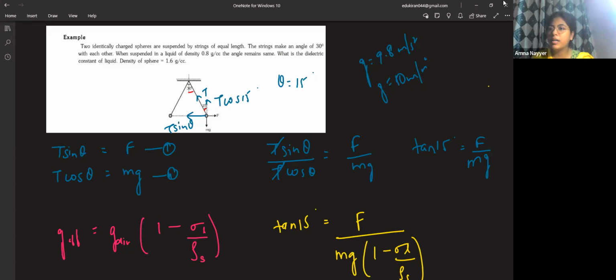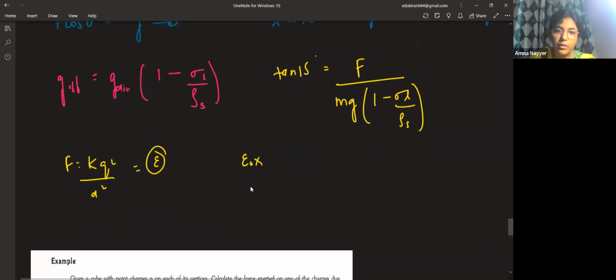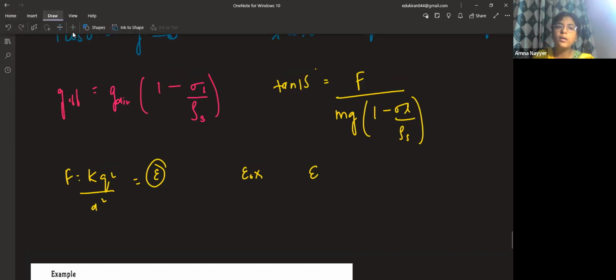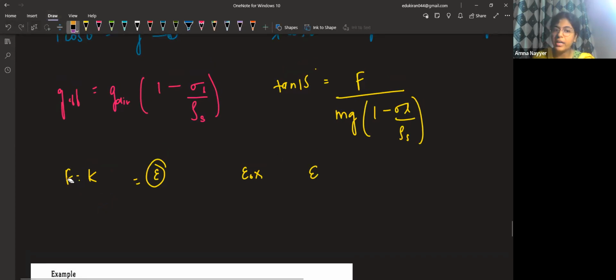One more thing, just one more thing, Shahid. When I'm talking about that epsilon naught, you will not put this entire term, you'll just have the value of epsilon. How will you calculate? Because you do not have the value of a also, the separation between the point masses. You just know your answer till here.